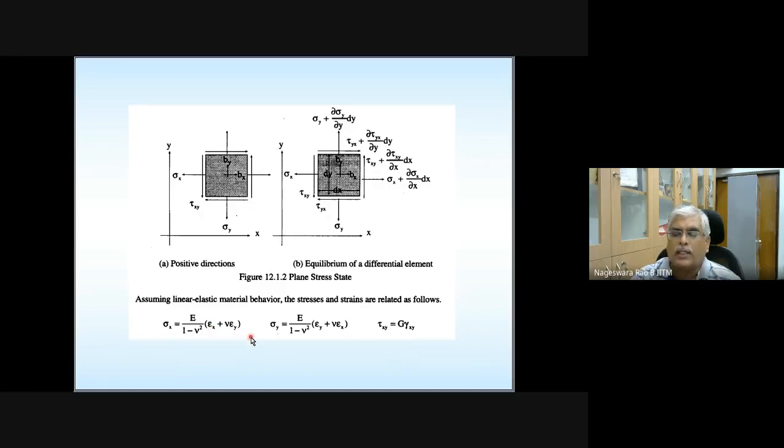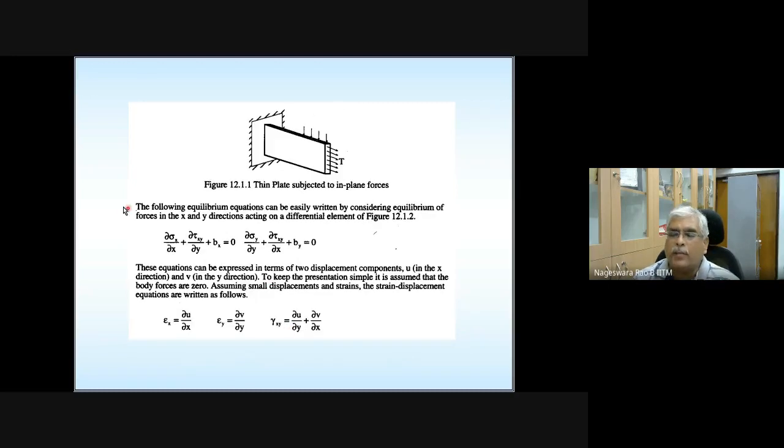If you do that, you can express stresses in terms of displacements. And then you have the equilibrium equations in terms of stresses. Using the previous relations, stresses are expressed in terms of displacements. Substituting those stresses here, you are going to get equilibrium equations in terms of displacements.